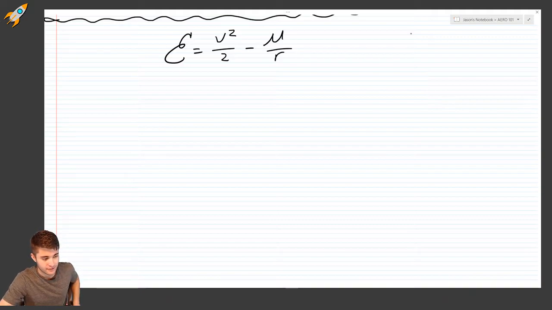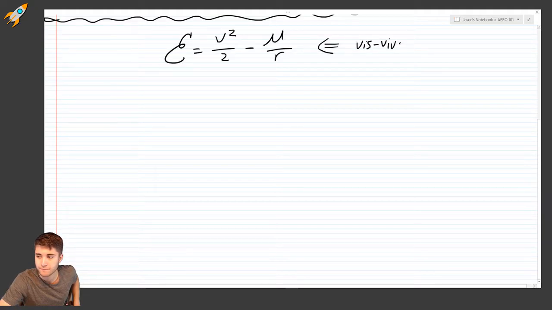If not, it's not a problem. Just go back and look at the notes. All of the derivations that I've already gone over are there. So E is equal to V squared over 2 minus mu over R. This is known as the Vis Viva equation.